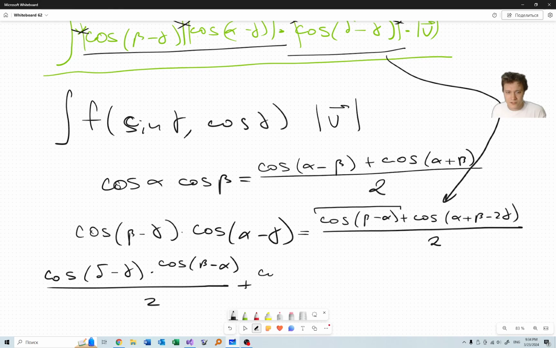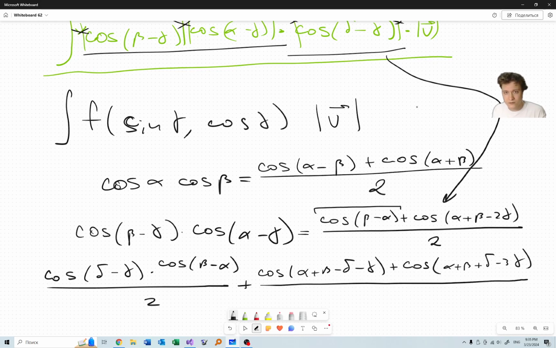So first of all, it's cosine of difference alpha plus beta minus delta minus gamma plus cosine of sum alpha plus beta plus delta minus 3 gamma, and finally over 4.